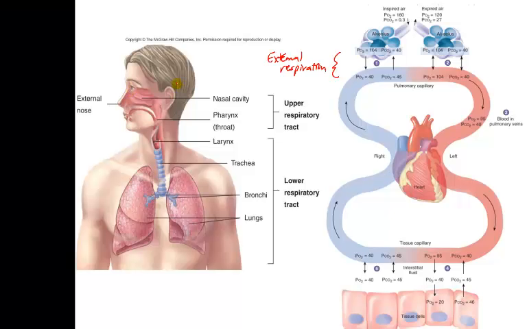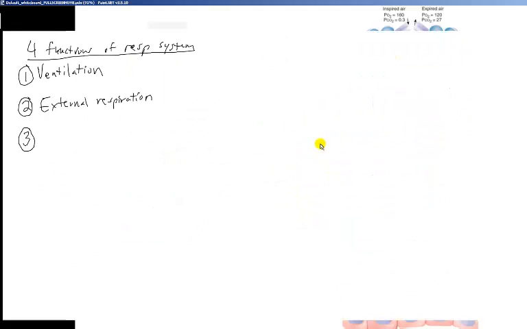You can breathe the air in and out, get oxygen into the blood, CO2 out. But ultimately, the whole point is to provide the tissues with what they need. So you have to get that oxygen to the tissues and absorb CO2 and take it away. And these are just as much part of respiratory function as this stuff up here.